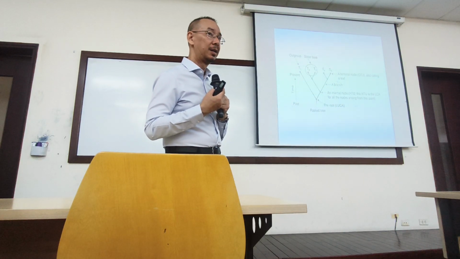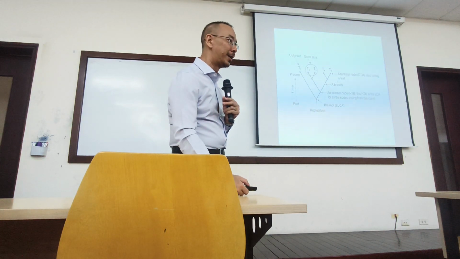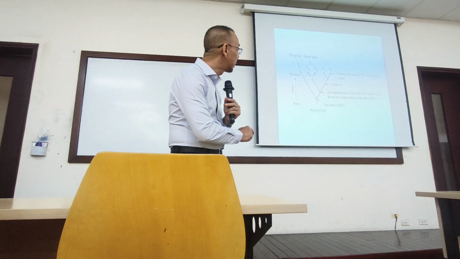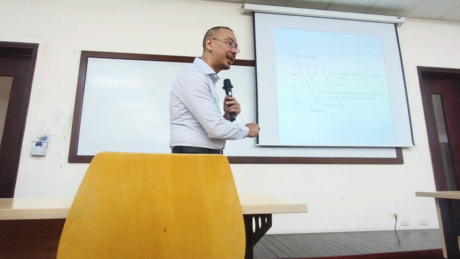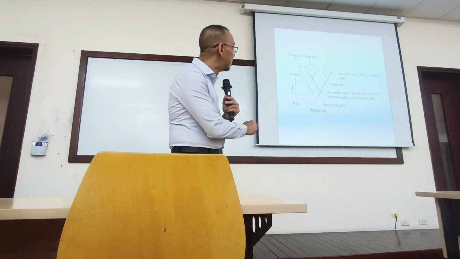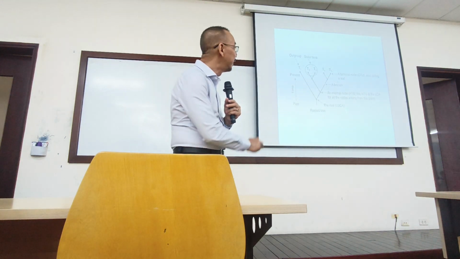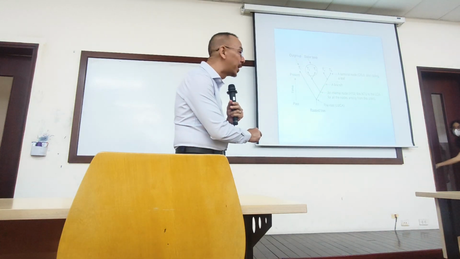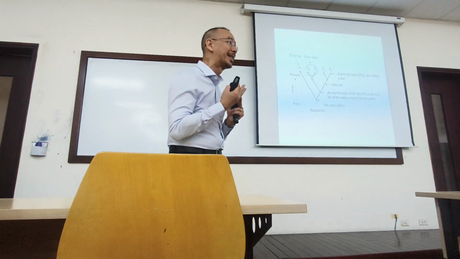on where you look. The tree shows many internal nodes representing common ancestors: 1, 2, 3, 4. If you look at this common ancestor, only two species in the sister group, T2 and T3. If you look at this common ancestor, only T4 and T5. But here, you look at this common ancestor, because where the branches join together we call a common ancestor.